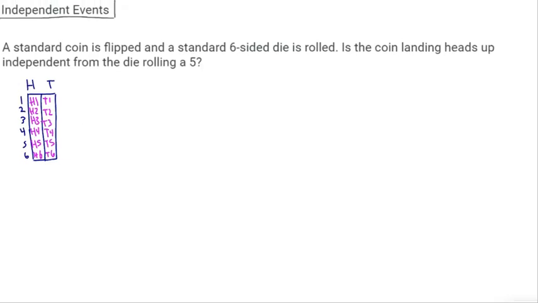So if these events are independent, then the probability that the coin lands heads up and the die rolls a 5 should be equal to the probability that the coin lands heads up times the probability that the die rolls a 5.